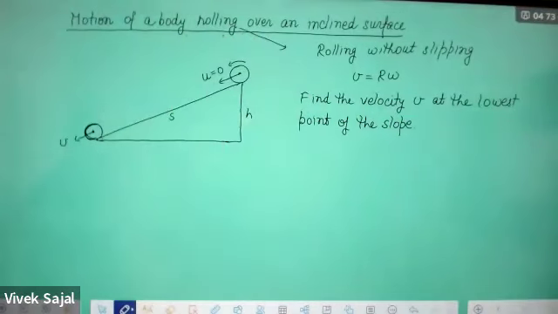Find the velocity v at the lowest point of the slope. You have to find this out.